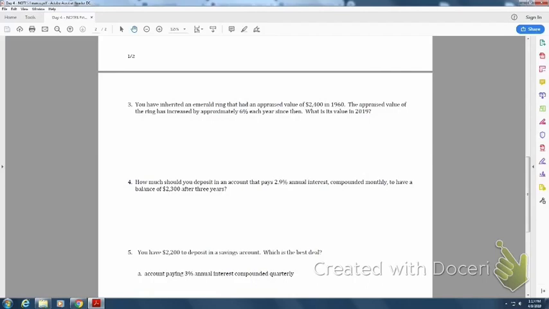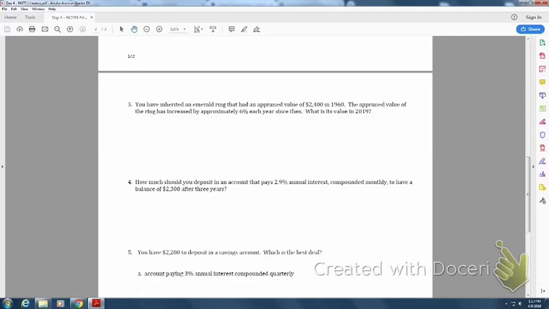What is the ring's value in 2019? Okay, so I go through there. What formula am I going to use on this one? The general growth. Why the general growth? What word did I not say just now? Interest. I never said interest.